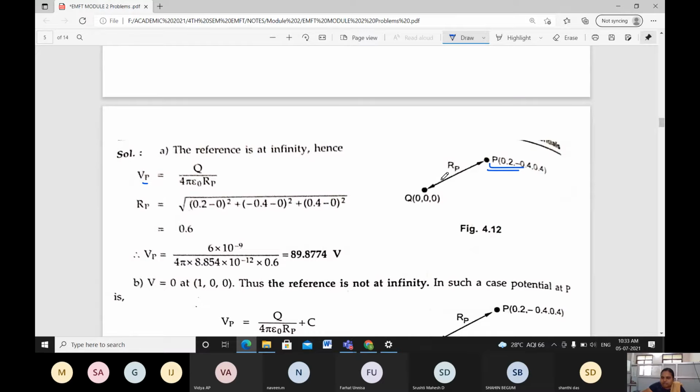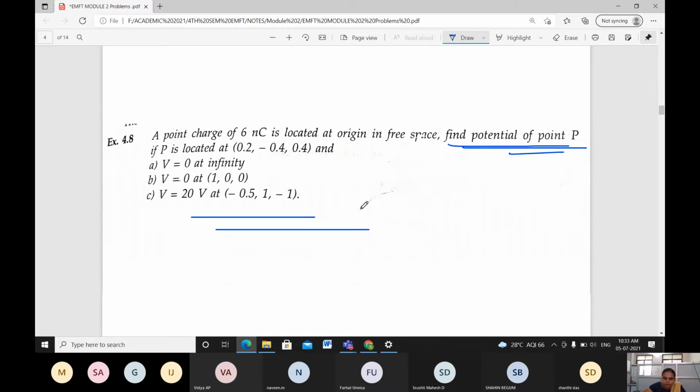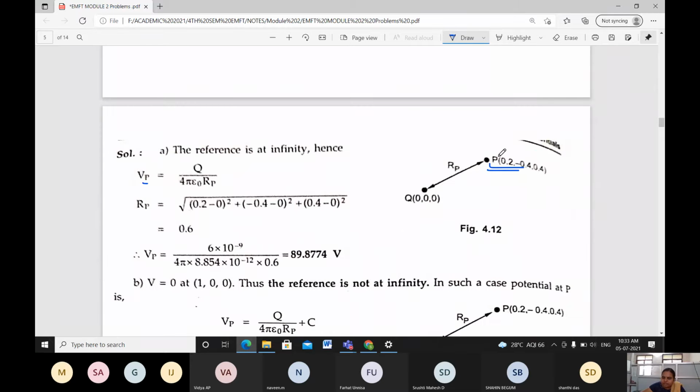Here the charge Q is at the origin, and the point P is at (0.2, -0.4, 0.4). Then what is Rp? It is the distance between these two points, since the reference is at infinity.